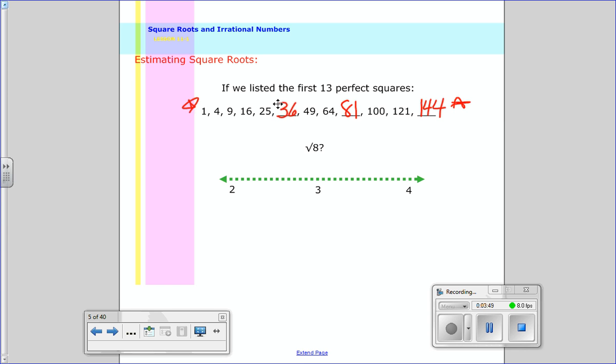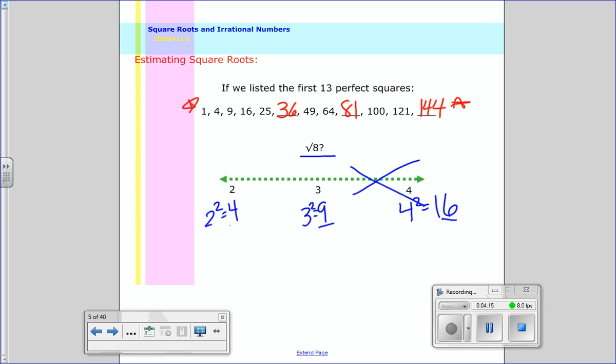Here they give us this example, the square root of 8. They want us to estimate about what that is. Looking at it, 2 squared I know is 4, 3 squared is 9, and 4 squared is 16. I need to figure out where the square root of 8 would go. It's not between 9 and 16, so that part's out.